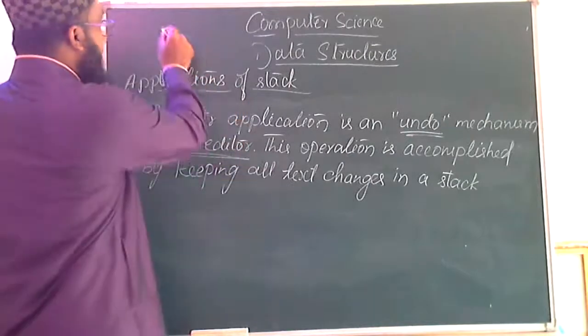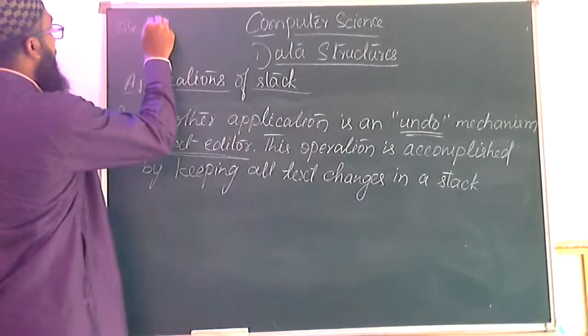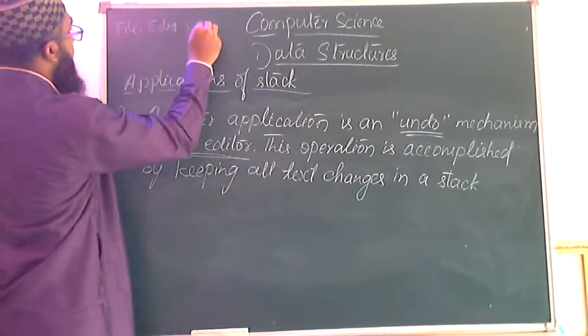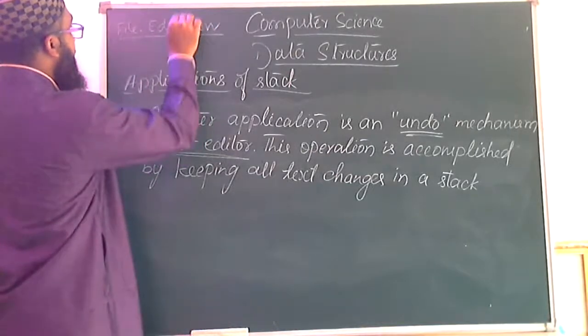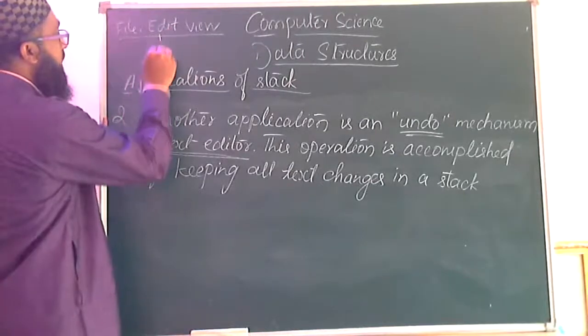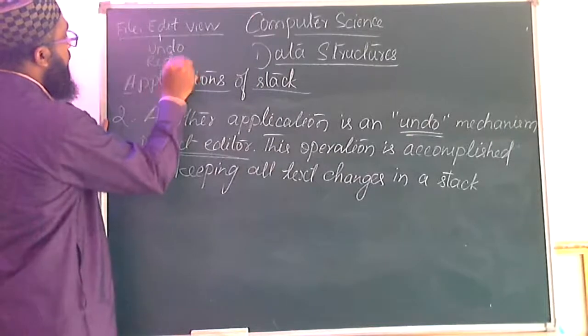Click on the edit menu. Menu options are given: file, edit, view. Like this, operations are given in Notepad. If you click on the edit menu, you will get operations called undo and redo.